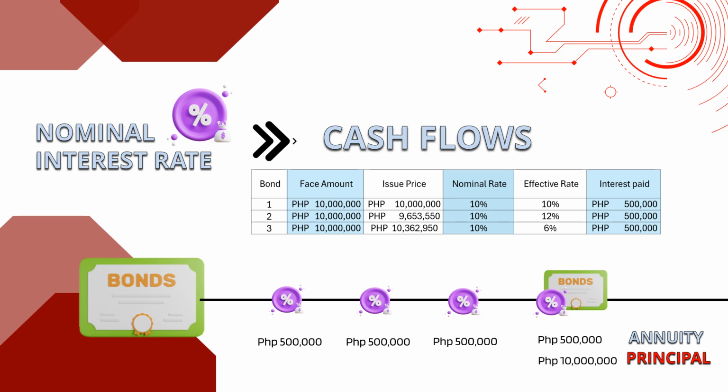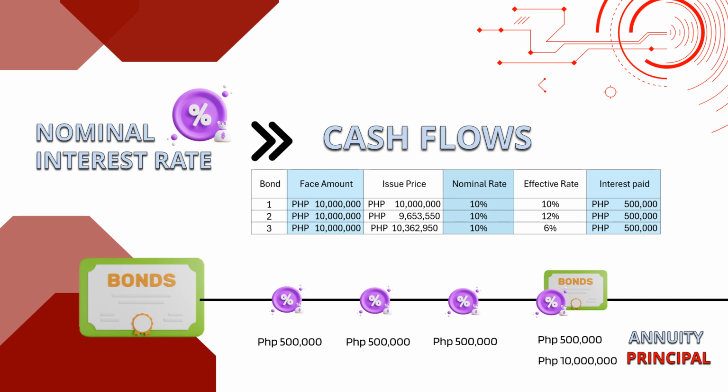Because we were able to understand na 10% yung nominal interest rate niya, which is basically 5% per 6 months, we will be able to determine yung cash flows. In the first 6 months, magbabayad ka ng interest of 500,000. In the second period, it's 500,000. And then dahil 2-year note, mayroon kang 4 periods. So, period 1, period 2, period 3, period 4. And then at the end, dun ka lang magbabayad ng principal.